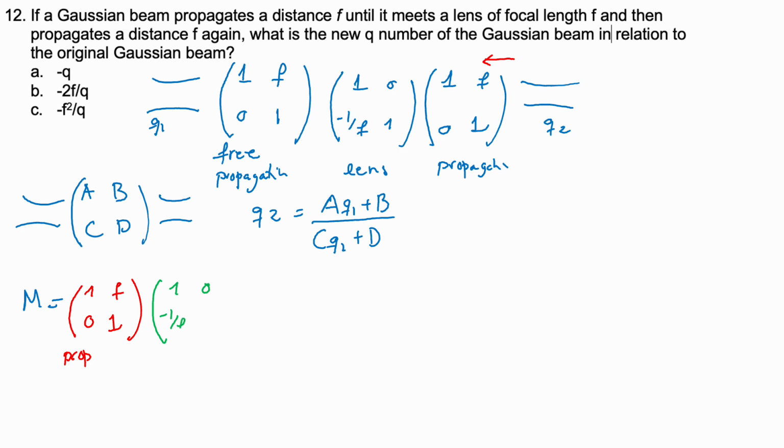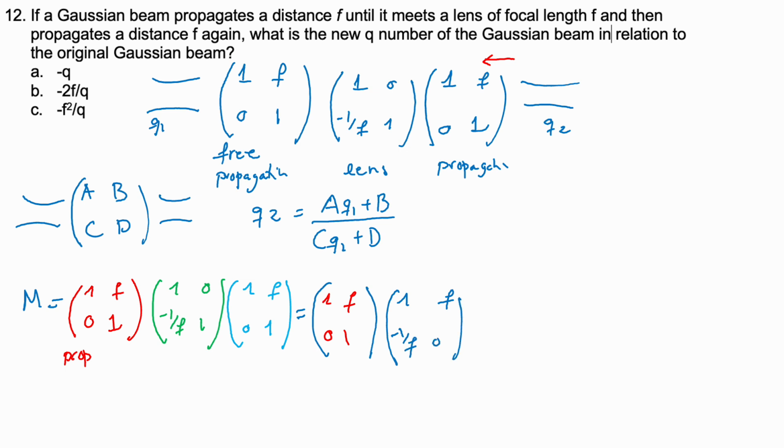It should not make any difference here because the system is completely symmetric. And then we have another propagation, [1 f; 0 1]. Now the product of the other two is going to be [1 f; 0 1] times [1 0; -1/f 1], so we have here [0 f; -1/f 0].